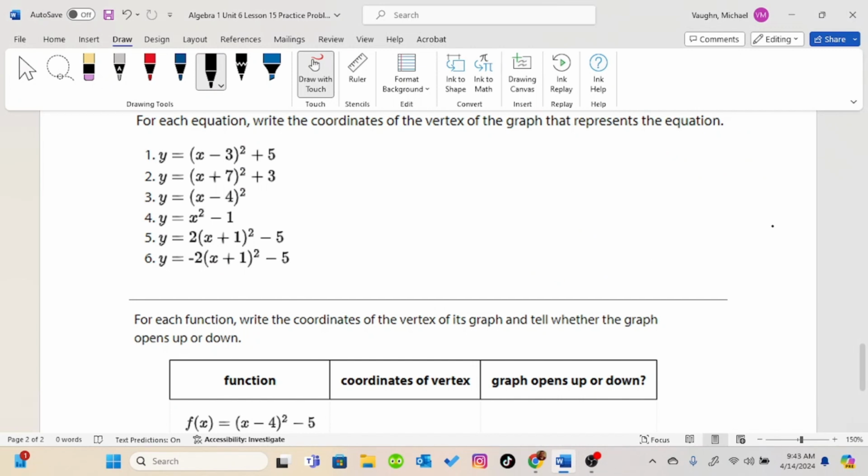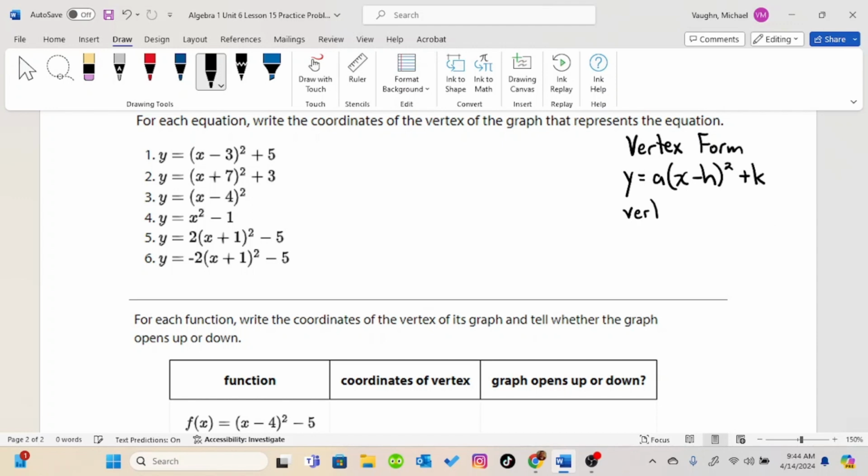For each equation, write the coordinates of the vertex of the graph that represents the equation. So remember, vertex form is y equals a times x minus h squared plus k.